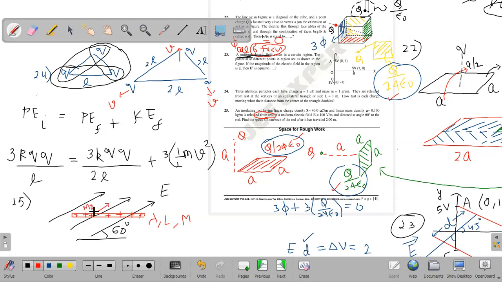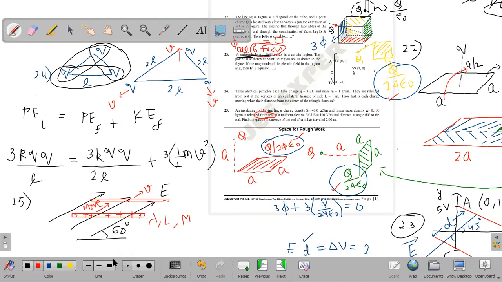Any stationary particle in a uniform electric field will always move along the electric field. It means that after a certain time, this wire will be like this, having an instantaneous velocity parallel to the electric field.